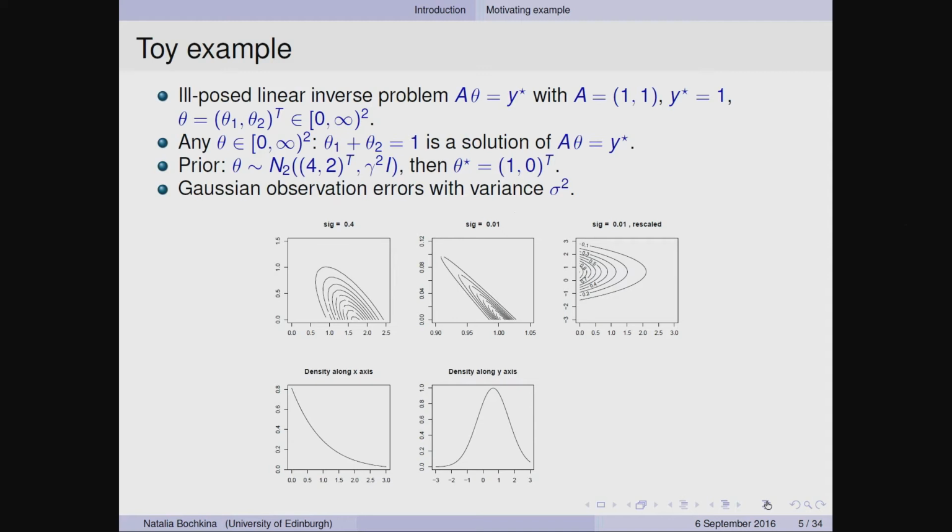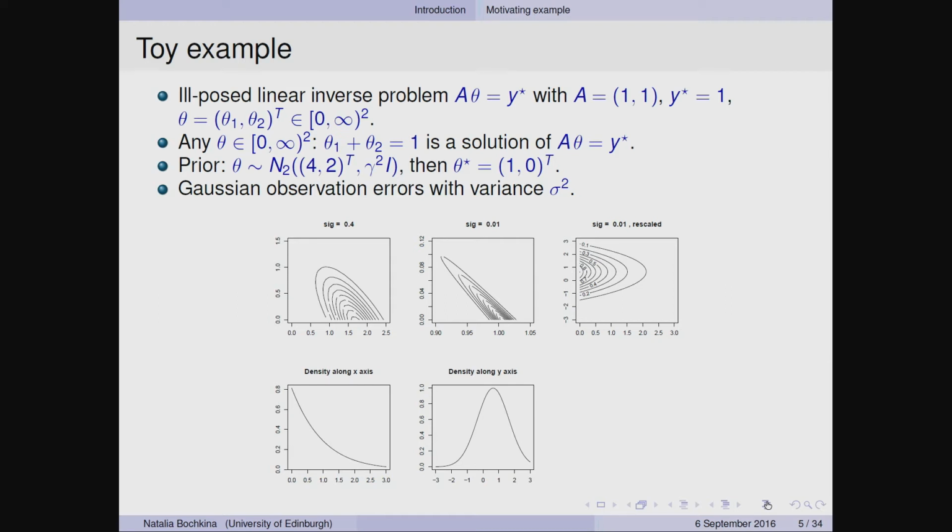Another one, just a toy example to give you, maybe with a few pictures. Suppose we have a linear ill-posed problem, with Gaussian errors and Gaussian prior, a bit of a trivial example. Effectively, any solution on the line in the limit of theta1 plus theta2 equal to 1 is a solution. And choosing the prior actually determines which solution on the line you use.